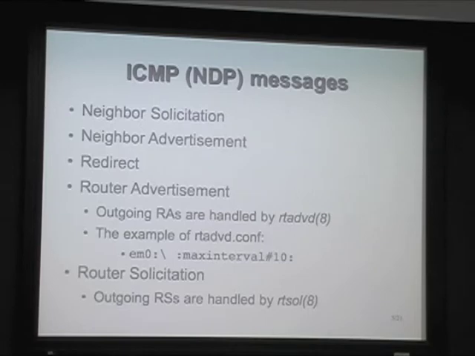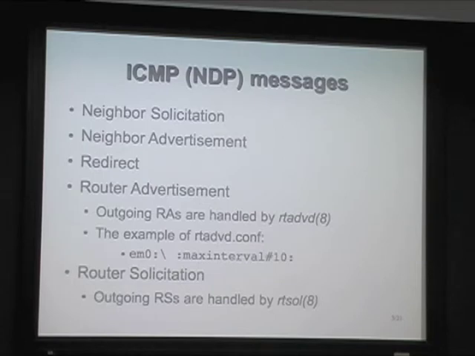All these mechanisms that I listed on the previous slide are supported by the use of 5 ICMP messages. We have neighbor solicitations. They're sent by nodes when they want to find out a link layer address or just to verify the cached information that they have about their neighbors.